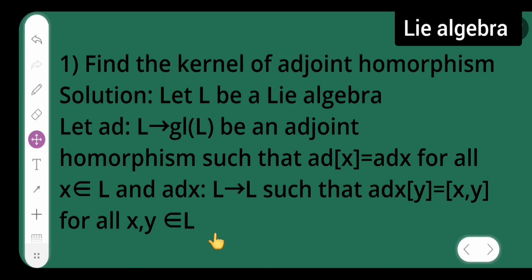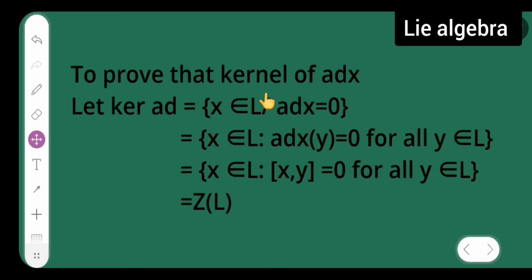Then what you'll have to do is show that the kernel of this ad. I have to prove that. So for that, let me do it on the next page.